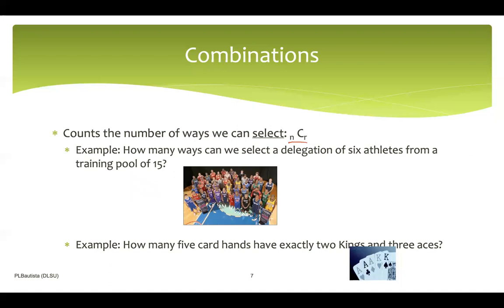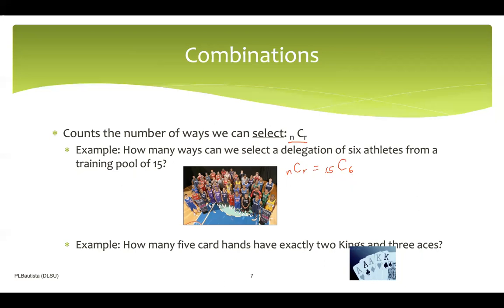So in this first example, how many ways can we select a delegation of 6 athletes from a training pool of 15? Using this notation nCr, we see here that n is equal to 15 since there are 15 athletes to choose from. And r here in this example would be 6 since we want to select 6 athletes.